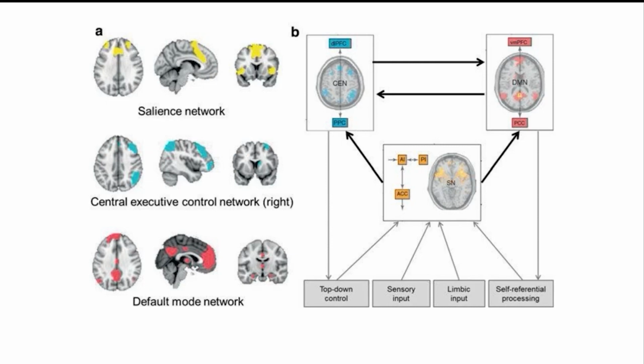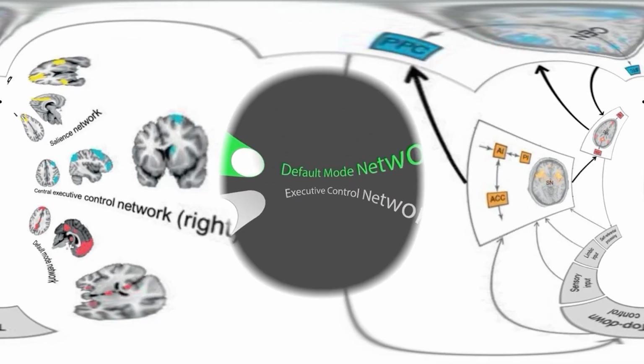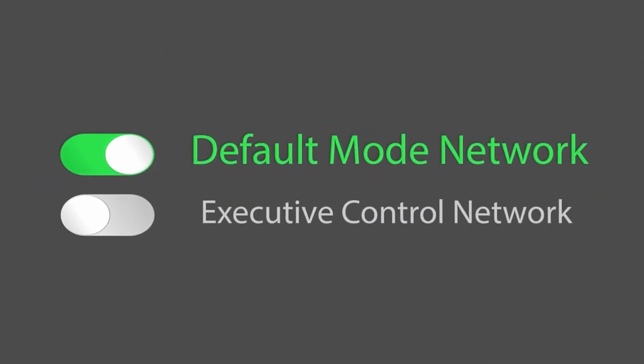However, as the name indicates, the default mode network is our default space. When we are not actively in the executive control network, our mind switches to the default mode network automatically. Like the default setting on your phone, unless you change it, it will stay in the default mode.